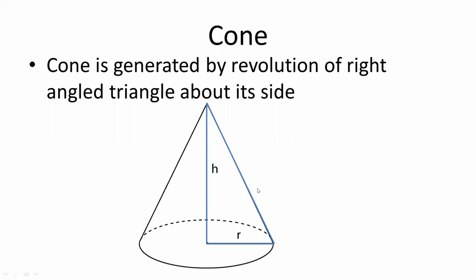If you take the right angle triangle and revolve it, taking this side as an axis, and revolve it in this direction about this vertical axis, then you will get the cone geometry. Okay. So this is a solid by revolution, where the geometry used for the revolution is the right angle triangle.